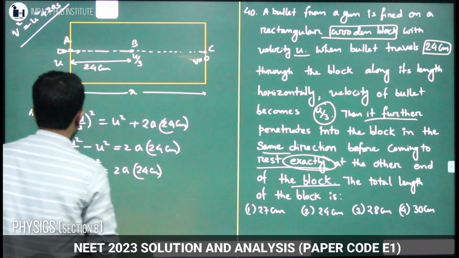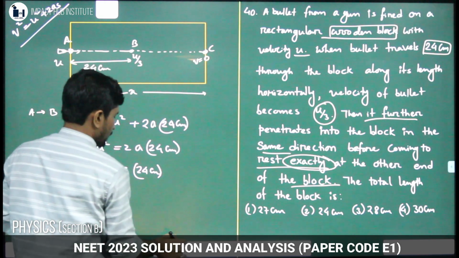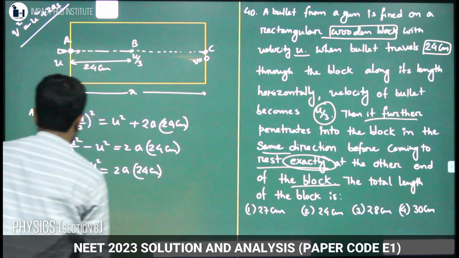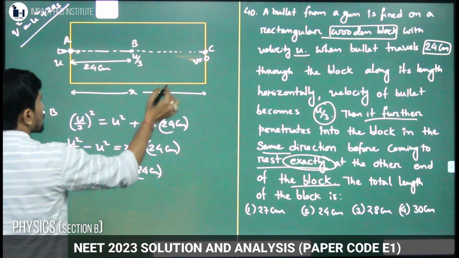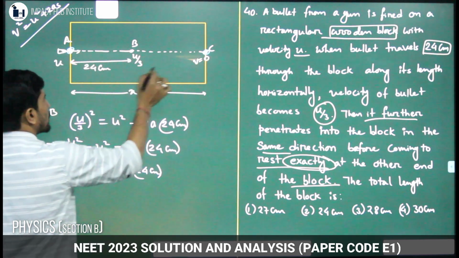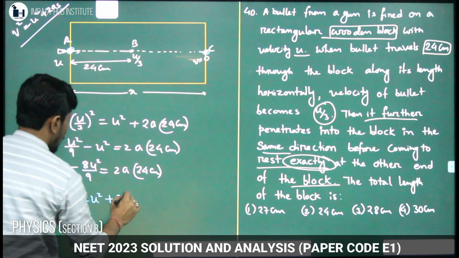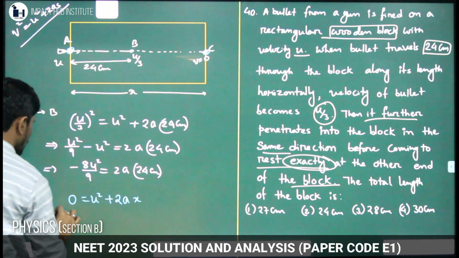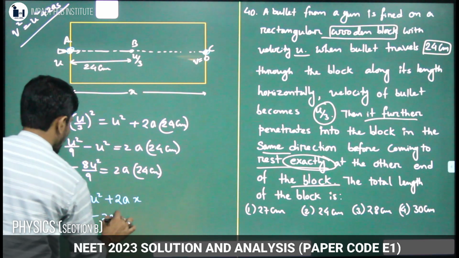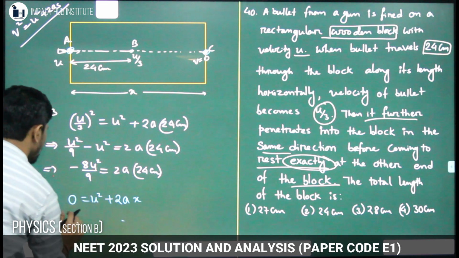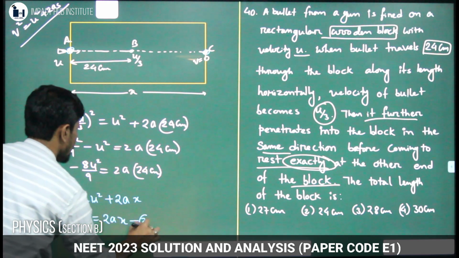Now I will apply the same equation of motion between point A and point C. From A to C, this point is the final point and this point is the initial point. The final velocity is 0, the initial velocity was u, and the distance was x. So 0 equals u square minus 2ax, or simply I can write minus u square equals 2ax. This is equation 2.